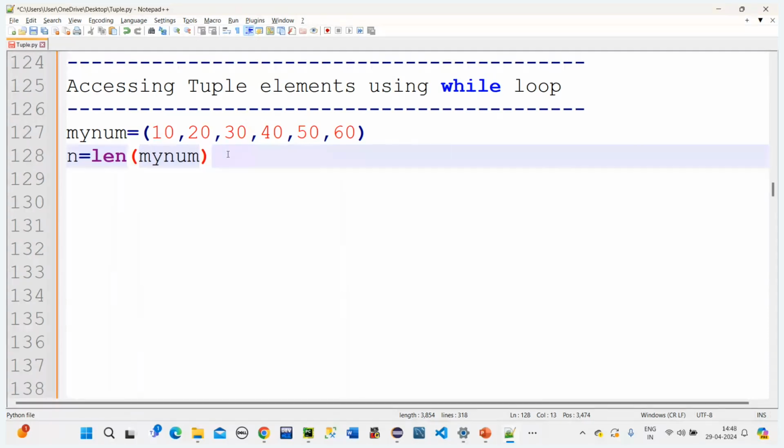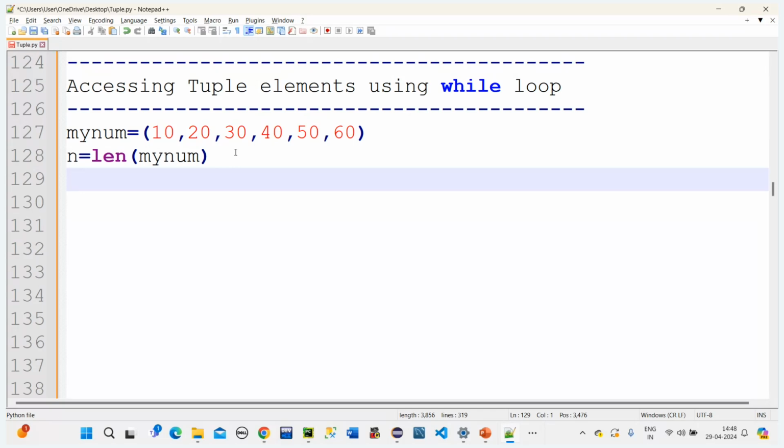What would be the length of this? Length means total number of elements: 1, 2, 3, 4, 5, 6. So the answer 6 is right. We are storing the 6 in n. And now we take i is equal to 0.